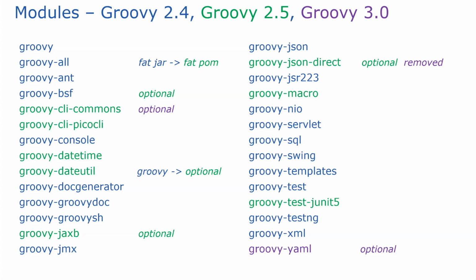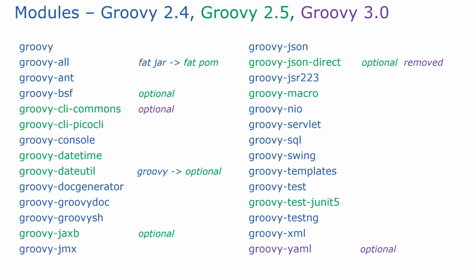That's still going to be there, but it's becoming optional, and most people will probably use the Picocli version of Groovy CLI. So in terms of the overall functionality in Groovy, it's split into these modules, and that's how we're evolving it over time.